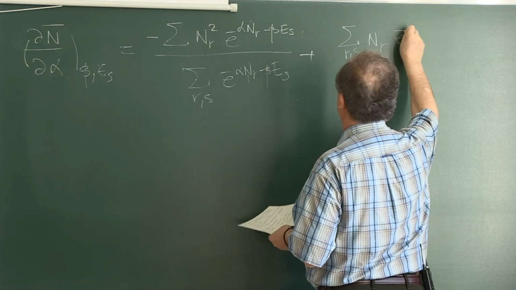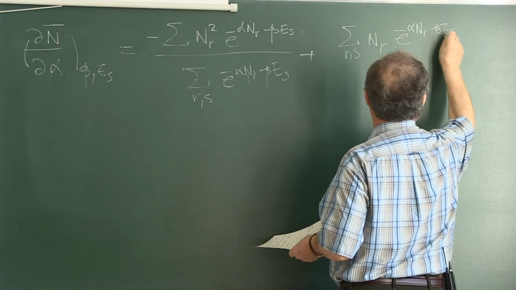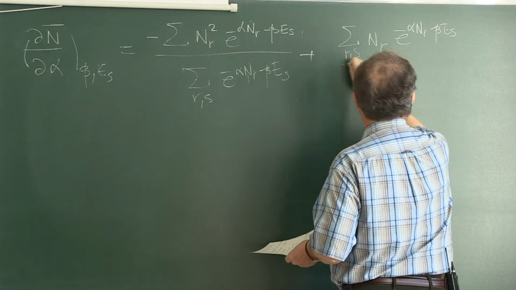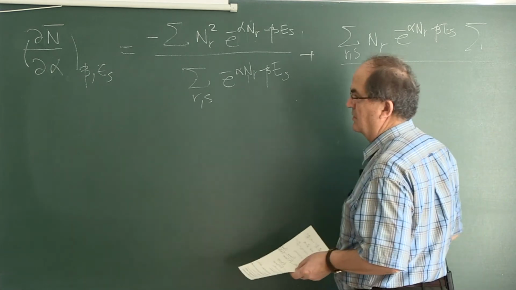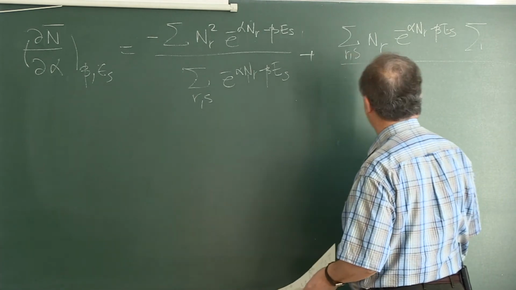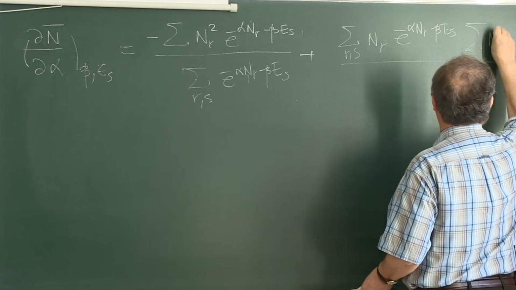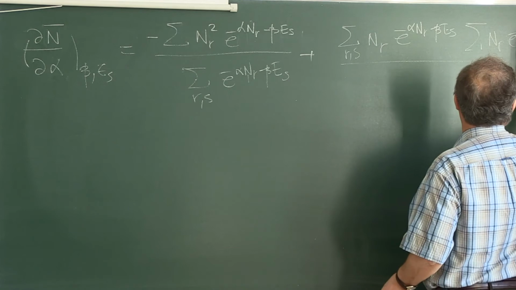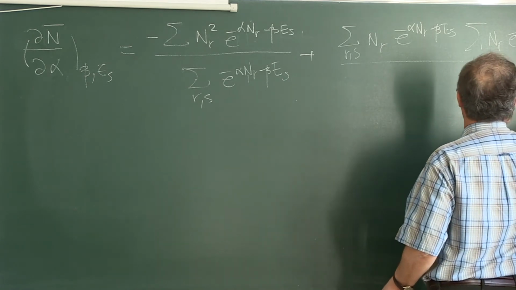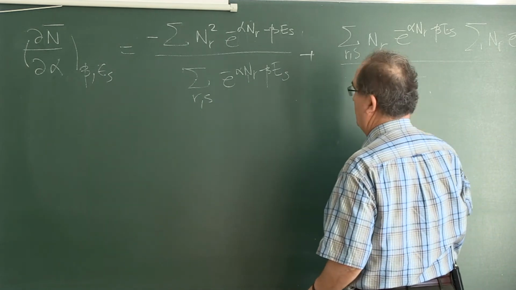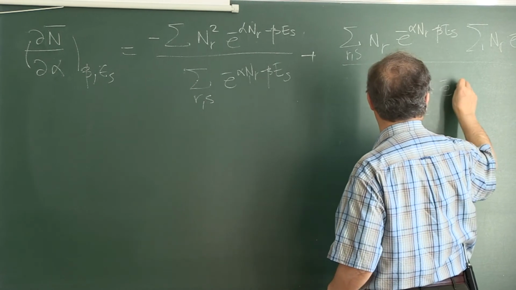The exponential term times the same thing, the first times the derivative of the second, N_r e to the minus alpha N_r minus beta E_s, over the square of the quantity in the denominator.